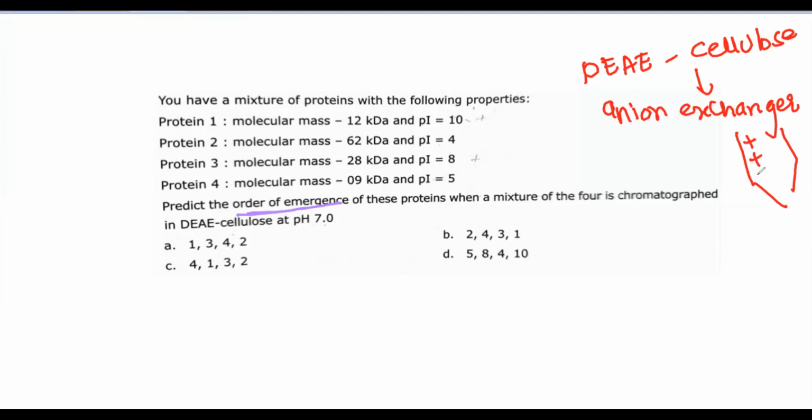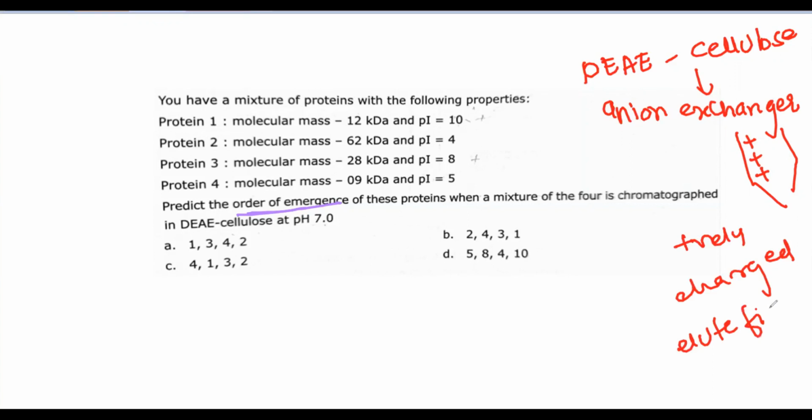Charge would be positive. So this is a positively charged resin. Okay. So this is DEAE cellulose. Now, since it is positively charged, which amino acid will elute out first? The amino acid that is positively charged will elute first.